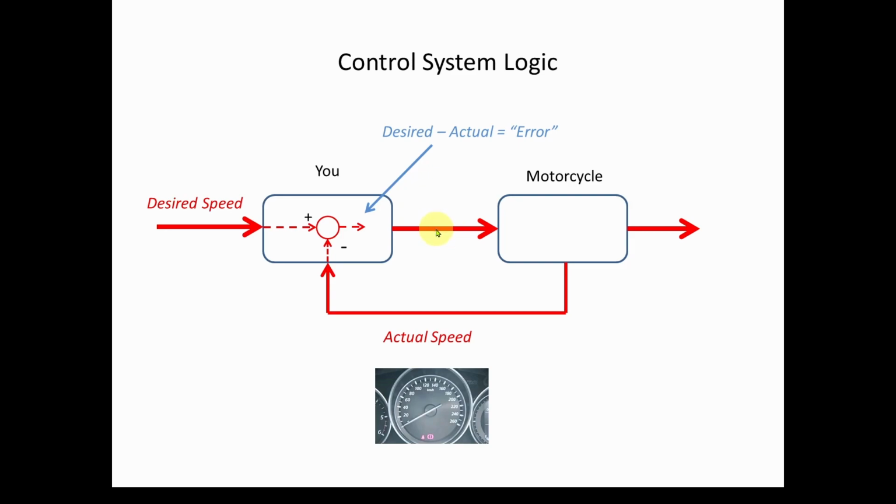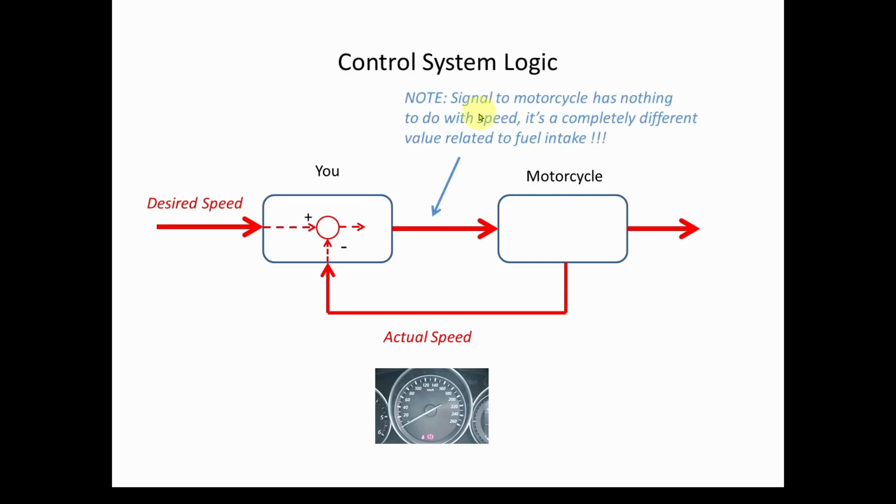If it's a big error, you have to have a big signal to the motorcycle that opens up that fuel valve and causes the motorcycle to accelerate quickly. Now, something very, very important to understand: the signal to the motorcycle has nothing to do with speed. In your head, you're taking the desired speed and the actual speed and coming up with an error in terms of miles per hour.